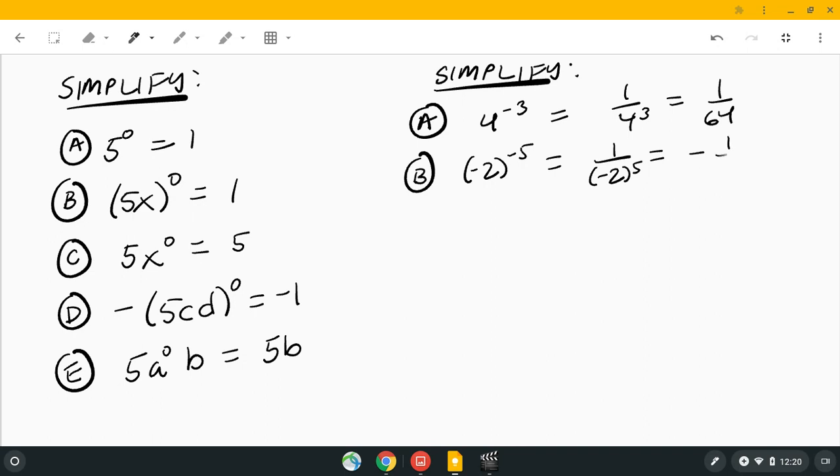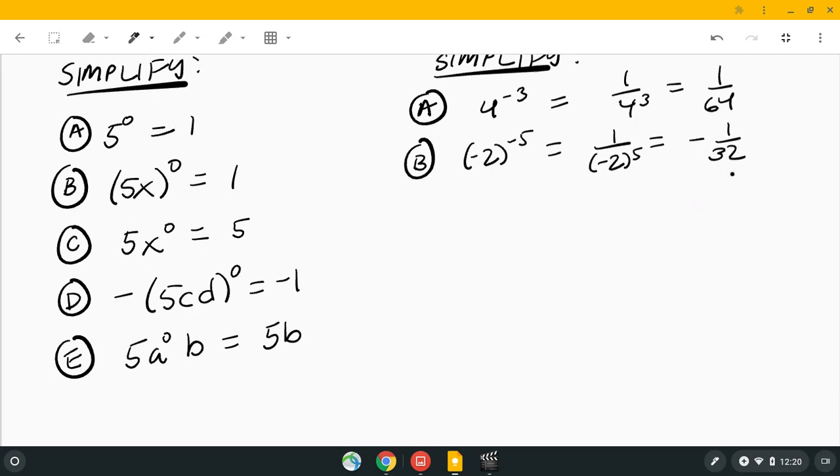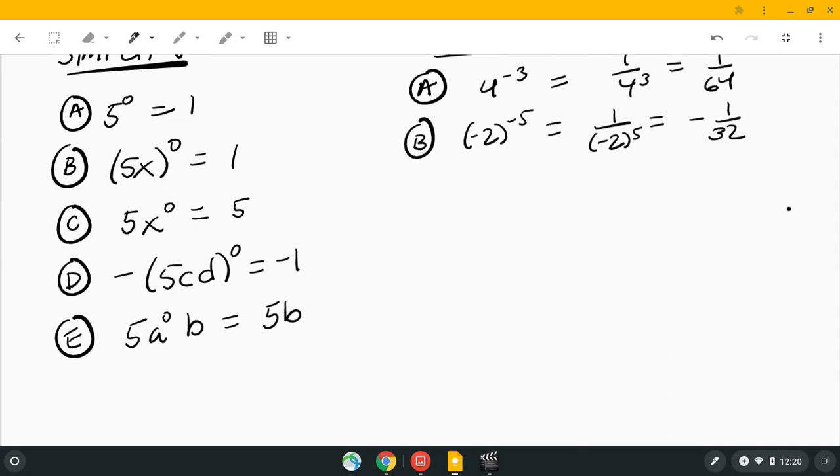And you could put the negative in the middle if you want. Whether you put the negative up here, in the middle, or down here, it still means this number is a negative number. It doesn't matter where you place the negative.